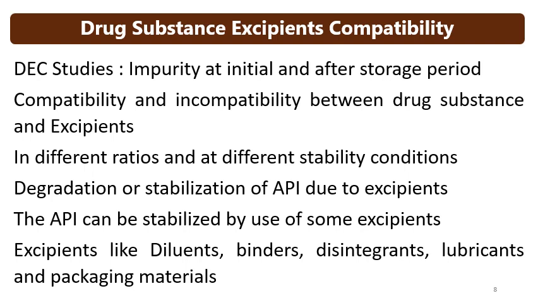If you store the API in a glass bottle and if you store the API in an HDPE bottle, then you will come to know in which pack it is more stable. Also, sometimes the final formulation is stored in different packs and the packaging evaluation is done in stability studies.